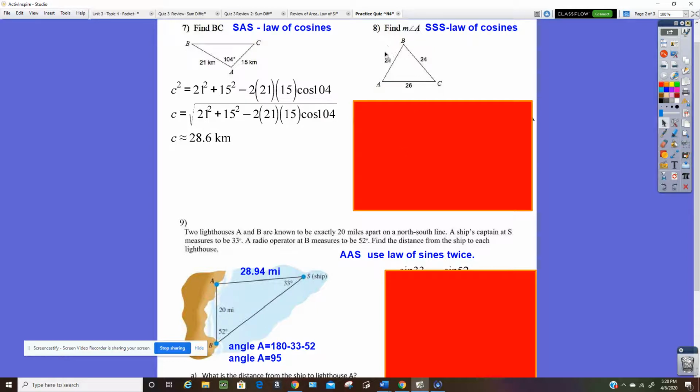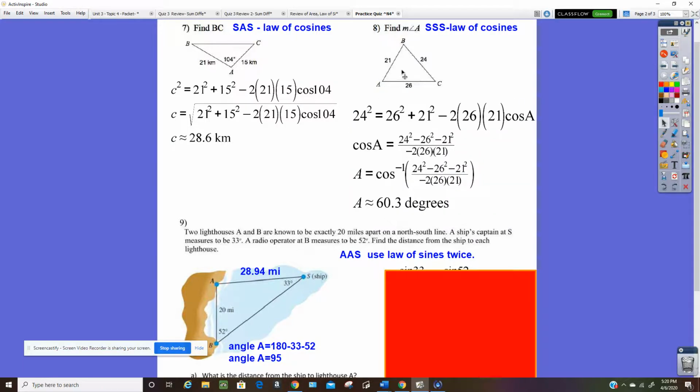Number 8, find angle A. You're given sides, so you're going to use the law of cosines. So this is actually going to be your angle C, and this is going to be side C in your law of cosines formula.